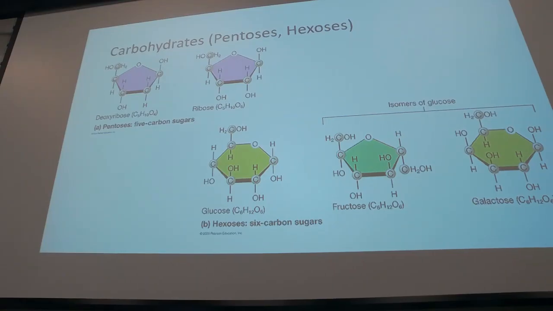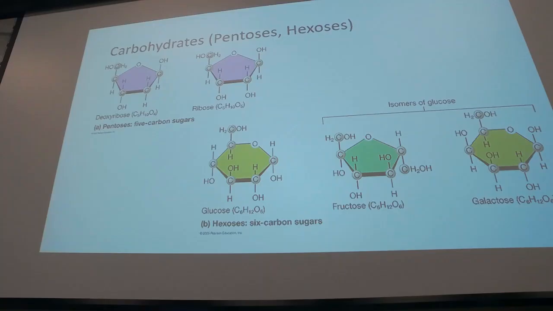So here we have examples of carbohydrates, pentoses and hexoses. Pentoses have 5 carbons. In this case, 1, 2, 3, 4, 5. This is the pentose of DNA, deoxyribose, and this is its formula, C5H10O4.